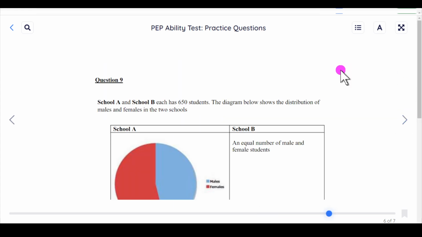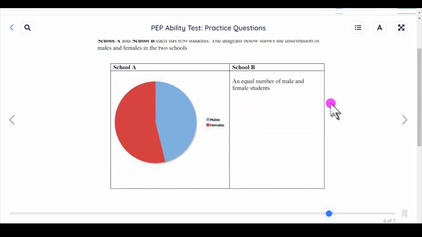All right, question 9. School A and B each have 650 students. The diagram below shows the distribution of male and females in the two schools. So here we have school A, we have school B. It says an equal number of male and female students, but school A, and they have the color code here.